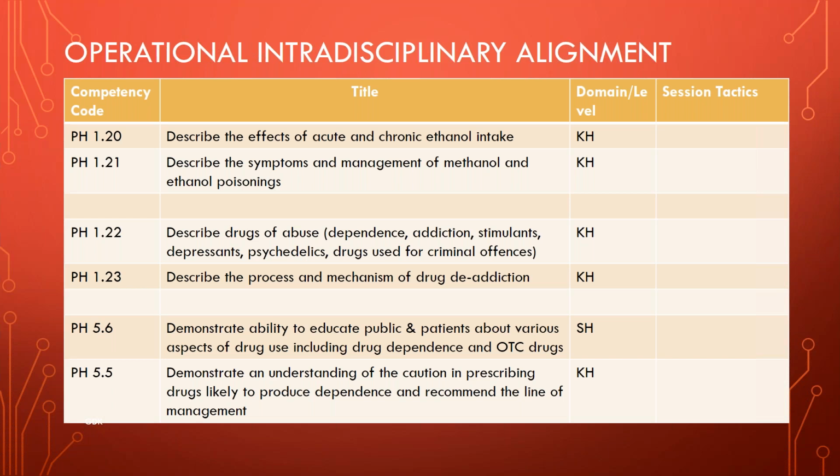PH 5.6 and 5.5: demonstrate ability to educate public and patient about various aspects of drug use, including dependence and OTC drugs. There is a lot of overlap, but this can be clubbed with demonstrate an understanding of caution in prescribing drugs likely to produce dependence. And one is in shows how, another is in knows how. Therefore, 5.5 SLOs followed by 5.6 SLOs, but common would be there.